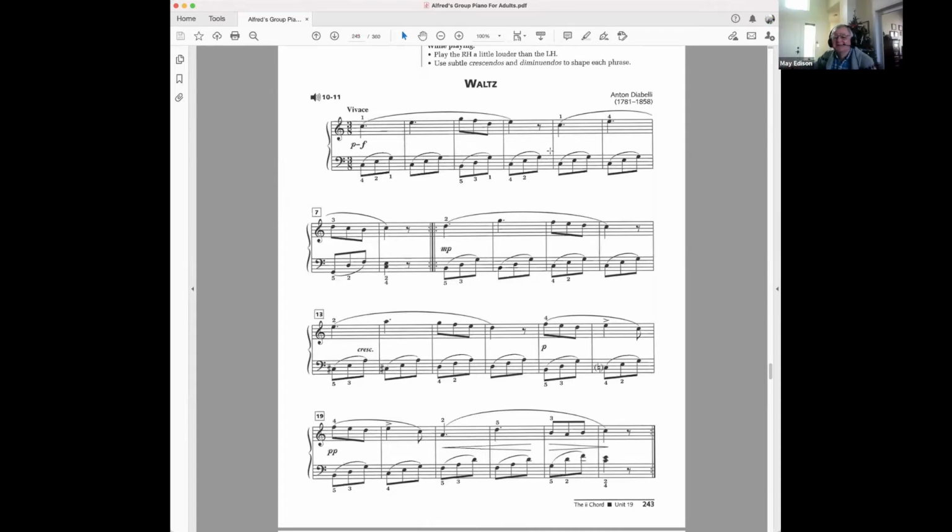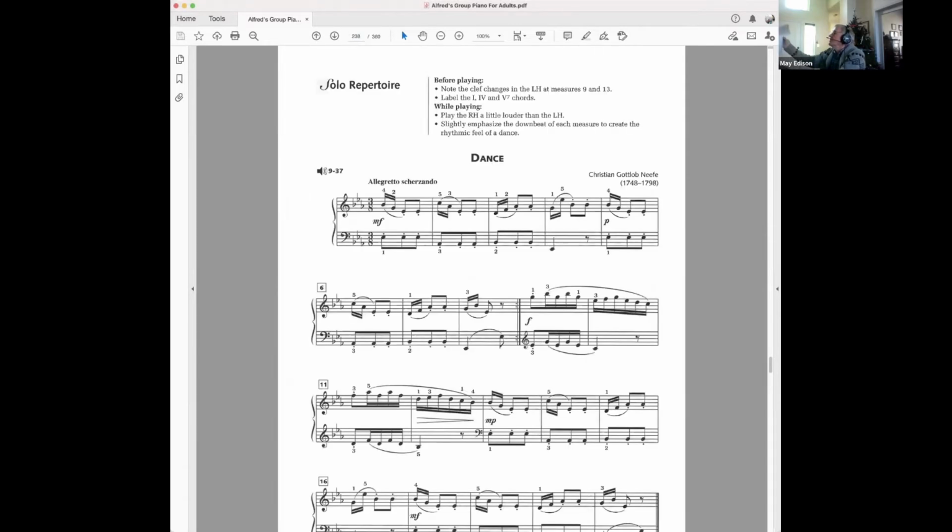Okay. Next is page 238, I believe. The dance. All right, this is by Christian Gottlieb. Who's he?